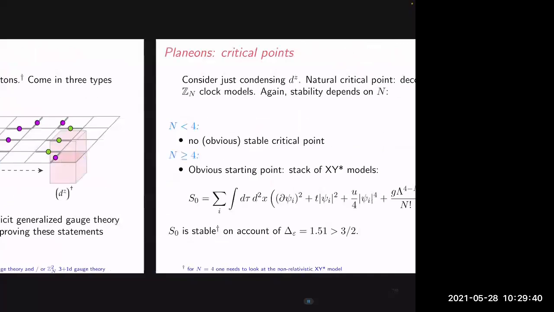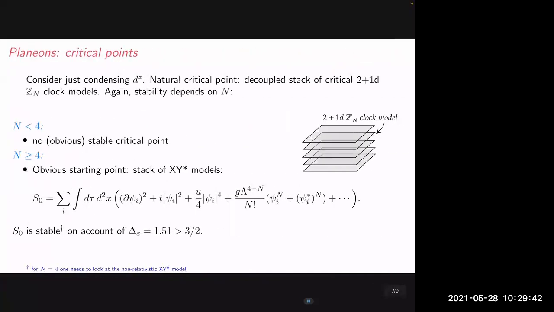Okay, so then finally, let's look at the critical points, or one possible set of critical points that occur when you perform this condensation. For simplicity, let's just ask what happens when we condense one orientation of these dipoles. Again, let's think about the Z orientation.